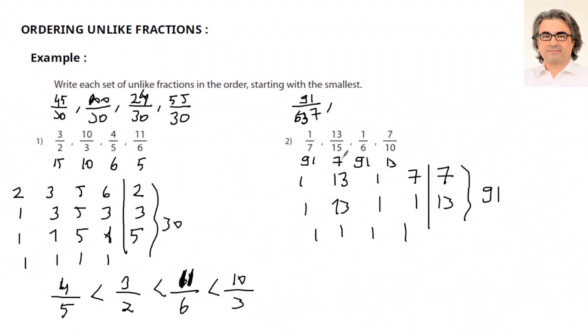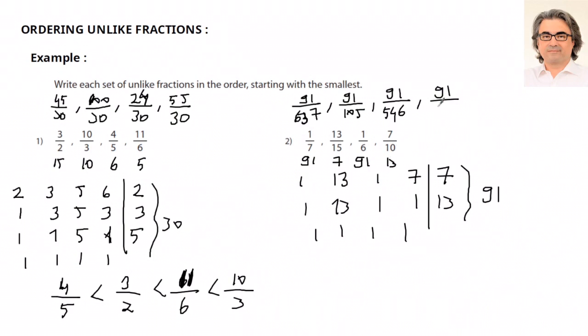What about the next one? 7 times 13, 91. 7 times 15, 105. 91 over 6 times 9 is 54. Last one. 7 times 13, 91.